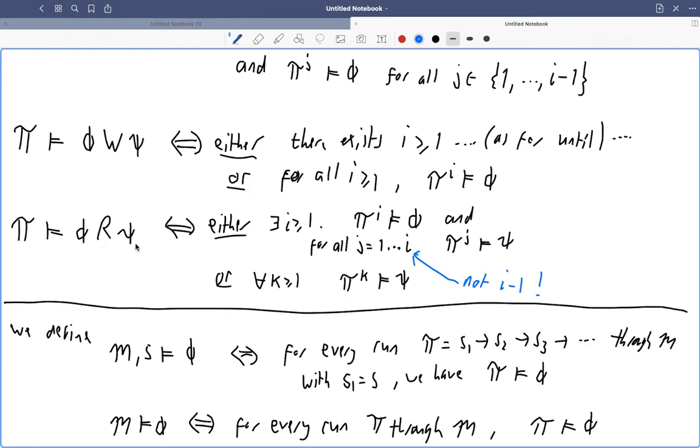So psi holds up until phi holds, and it still holds at the state that phi holds, after which we're not requiring anything. We've released the obligation that psi needs to hold. If phi never holds, then psi needs to continue holding. So the way of thinking of it is phi releases the obligation that psi needs to hold.